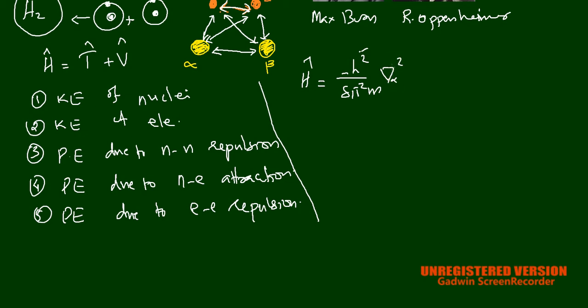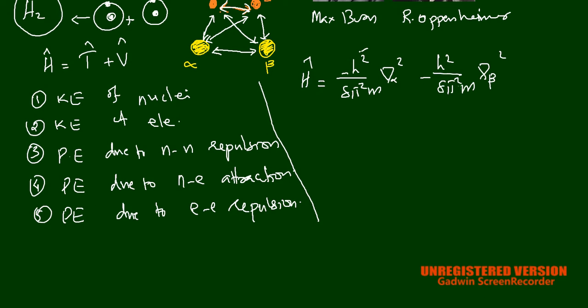So this del alpha square, that is the Laplacian operator for the nucleus. Okay, Laplacian operator. You already know this Laplacian operator. So del alpha square, minus h square divided by 8 pi square m del beta square, that is the Laplacian operator for the nucleus beta. Okay, first one was for the nucleus alpha, then this one is for the nucleus beta.